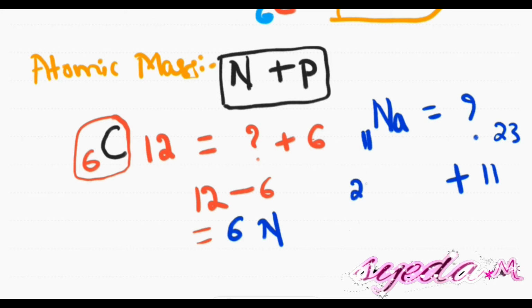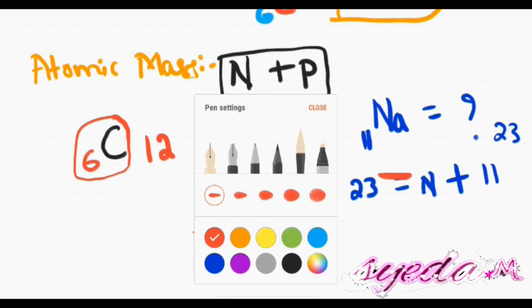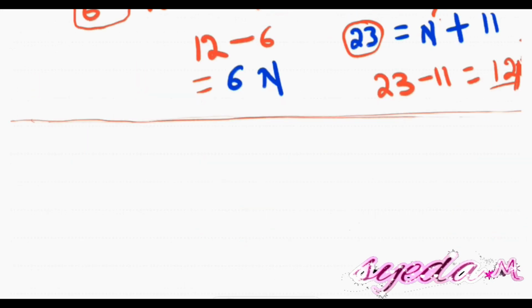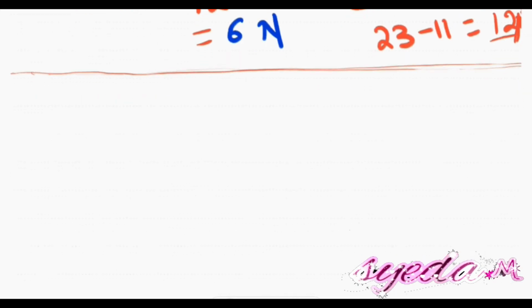So we know atomic mass equals the number of protons plus neutrons, right? Here we know the mass, which is 23. We need to find the number of neutrons. So that means 23 minus 11. It's going to give you how much? 12 neutrons.